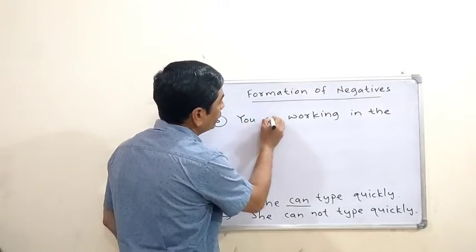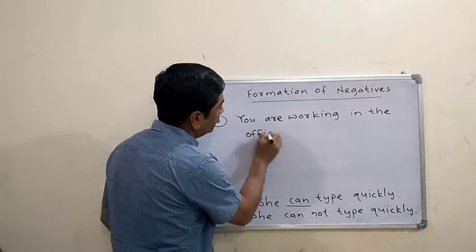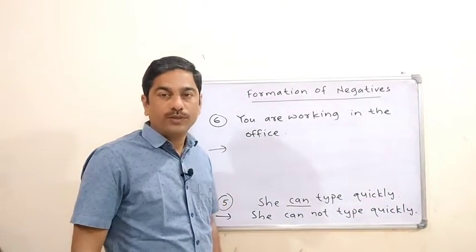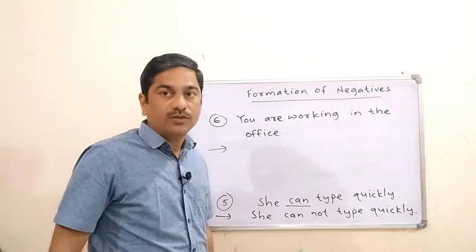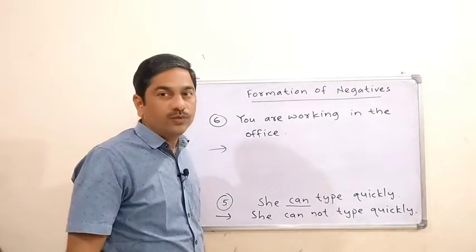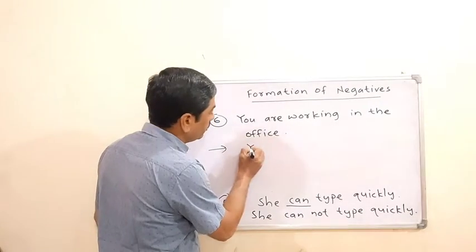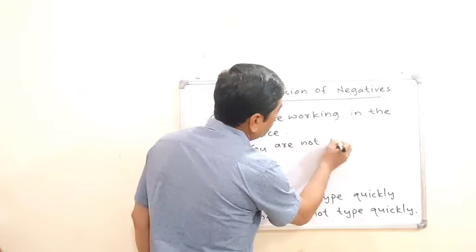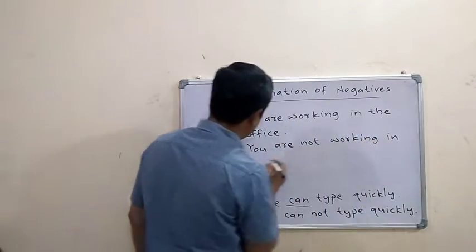You are working in the office. Here we took a sentence with you as subject. You are working in the office. So how will you change it into negative? You will just add not after are. You are not working in the office.